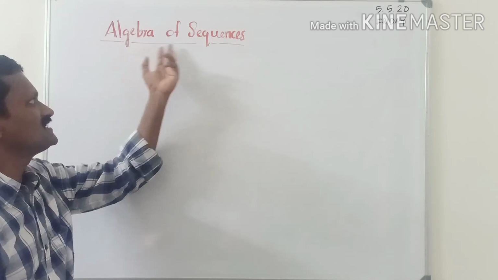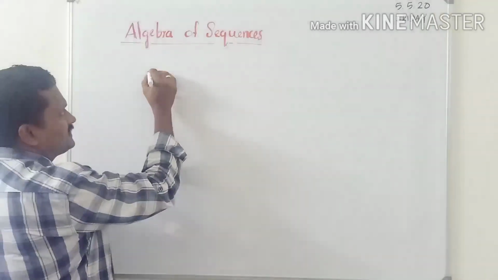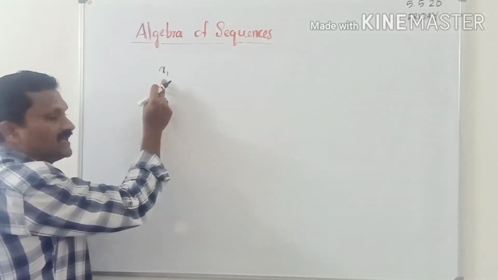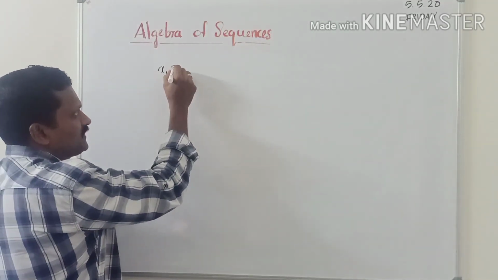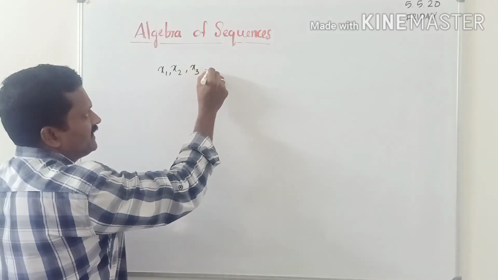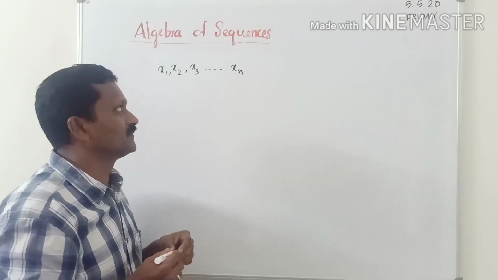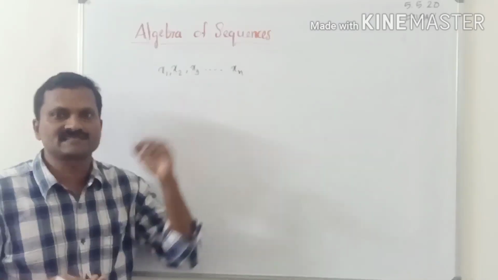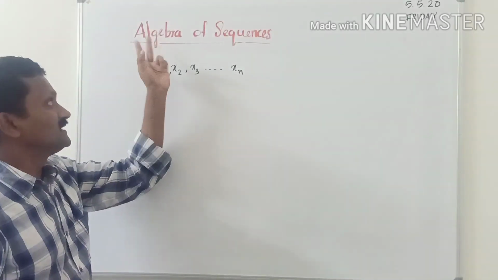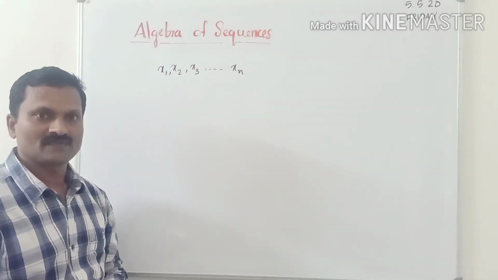Next, algebra of sequences. We know that the terms of the sequence are denoted as first term x1, second term x2, third term x3, etc. Then the last term or nth term is denoted by xn. This xn is called the algebra of the sequence.